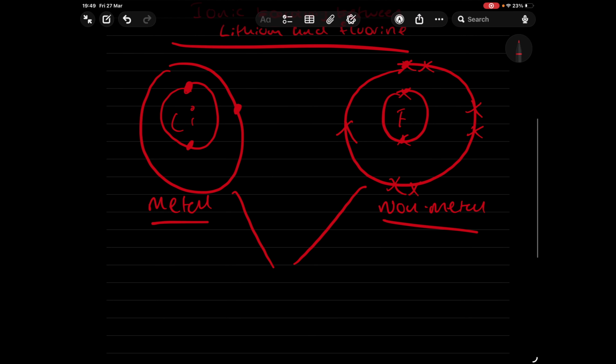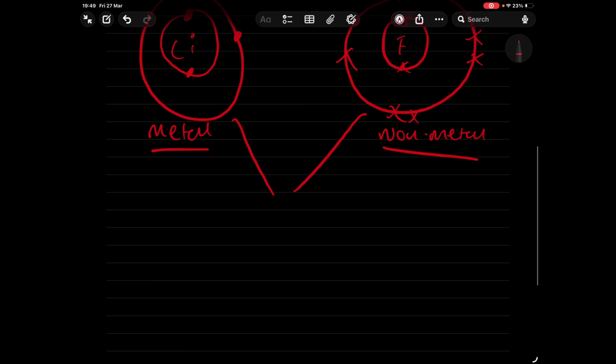So fluorine will have a full outer shell, and lithium will have a full outer shell. They want a full outer shell so the atoms become stable. Right now they're unstable because they don't have a full outer electron shell, so they react so they can have one.